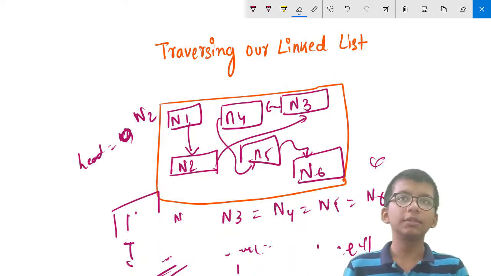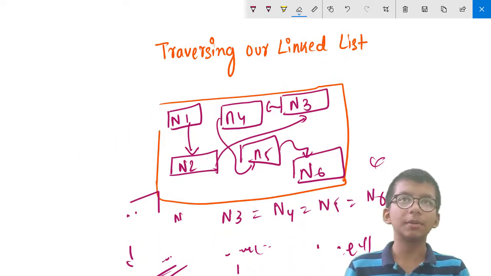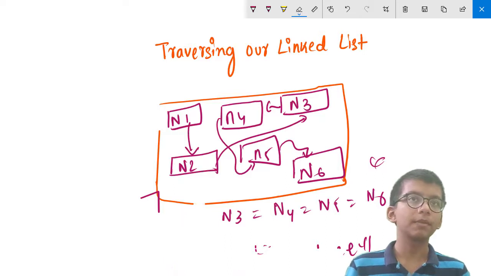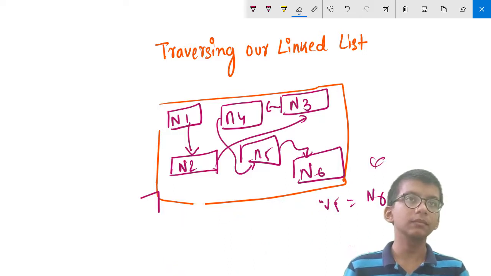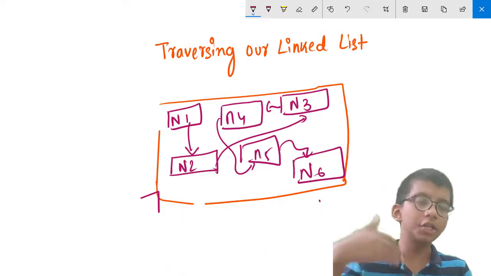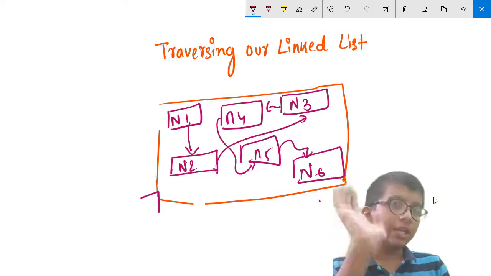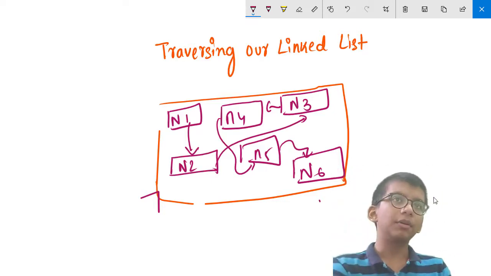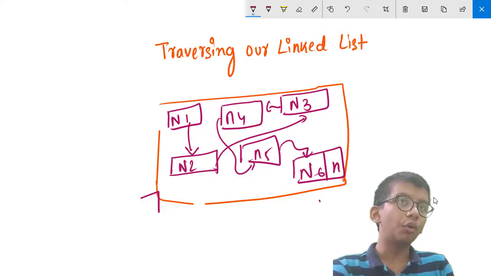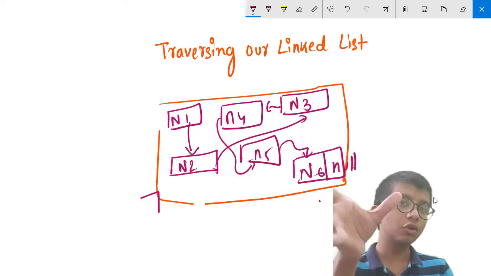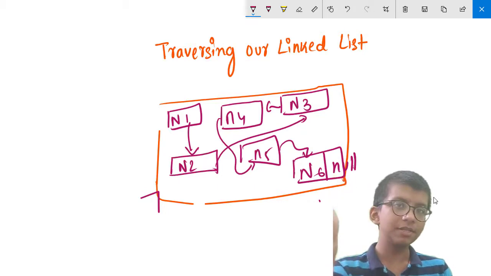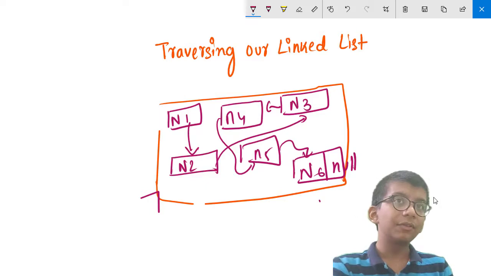So let me remove this so I can demonstrate a better way. What would the condition be? Let's take the example that this is our last node, and in the last node we have a null. It may happen that we reach n5.